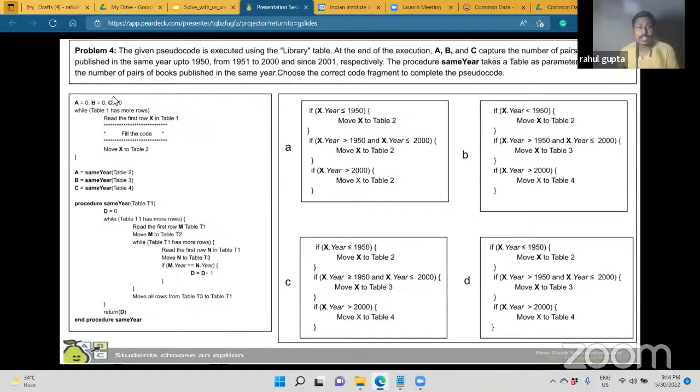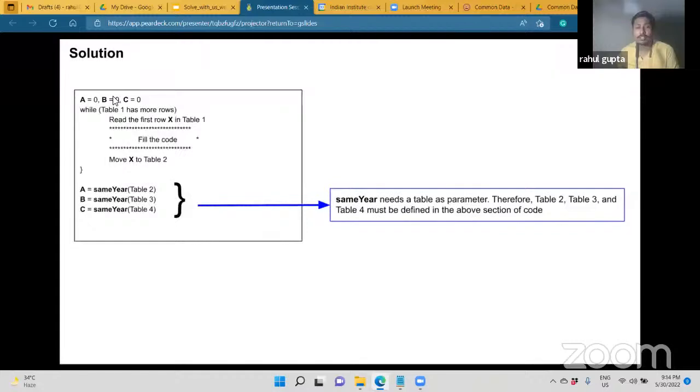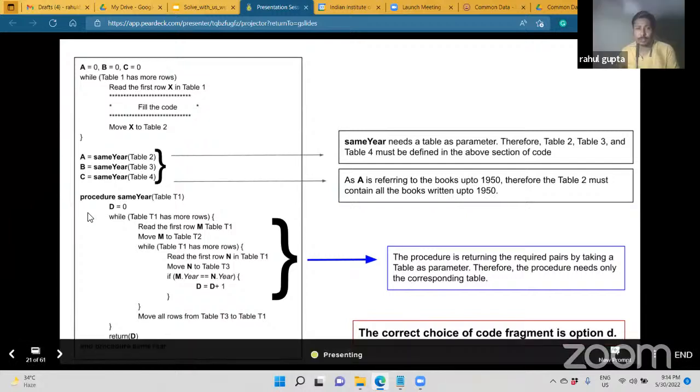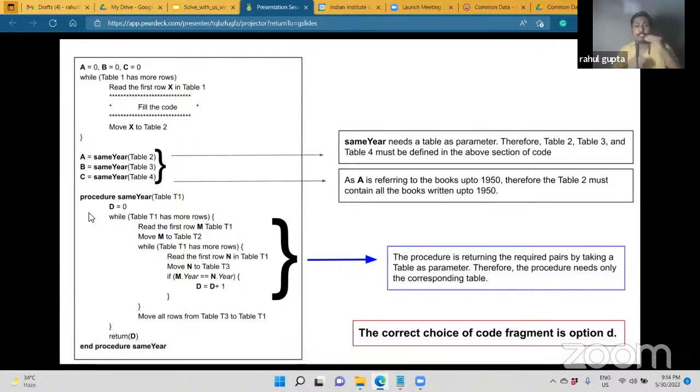Yeah, so you understand that we are trying to bin. The cards belonging to less than or equal to 1950 will go to table 2, right? So once a table is passed with this procedure, what will happen? I'll have a table of authors who have written before 1950 in table 2, in table 3 we'll have 1951 to 2000, and after 2000 we'll have table 4.